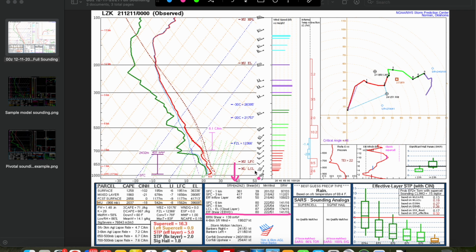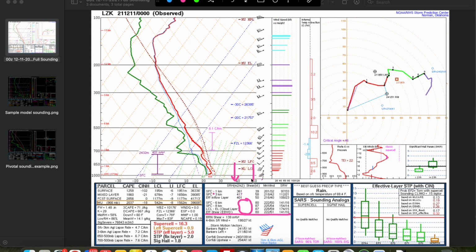So we can calculate the SRH for each of these different layers, 0 to 1, 0 to 3, effective inflow layer, and those are going to be the 3 layers that the SRH is calculated for. You can see down here that the SRH is not calculated for these remaining layers. But each of these different layers has a purpose when we're talking about storm relative helicity.